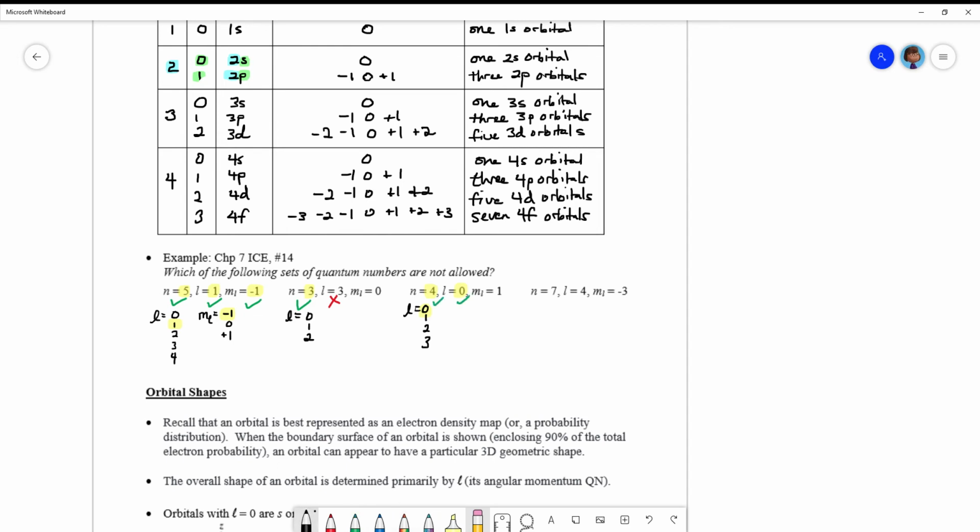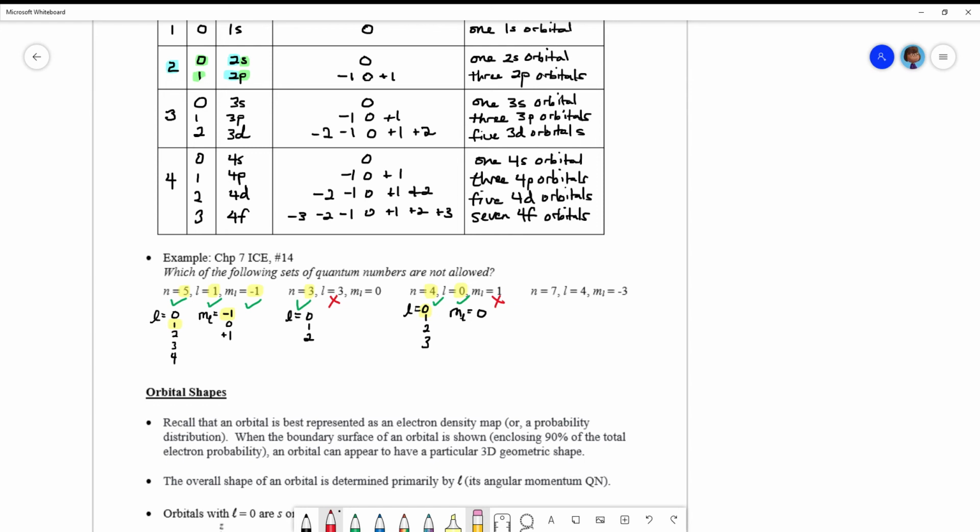Now, when L is equal to 0, what are the allowed values for m sub L? Well, when L is equal to 0, m sub L can only be equal to 0. And that means this m sub L value is problematic. This is not a good set of quantum numbers. m sub L cannot be equal to 1 if we have a value of L of 0.